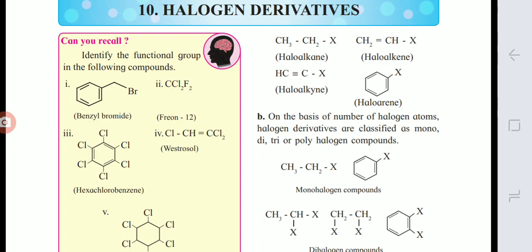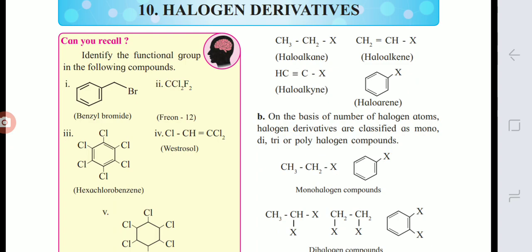If we check an alkene like ethene, CH2=CH2, and if we replace the hydrogen of that ethene by a halogen, then your compound becomes haloethene and the class becomes haloalkene.